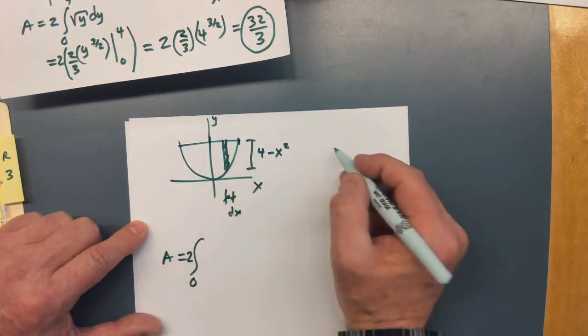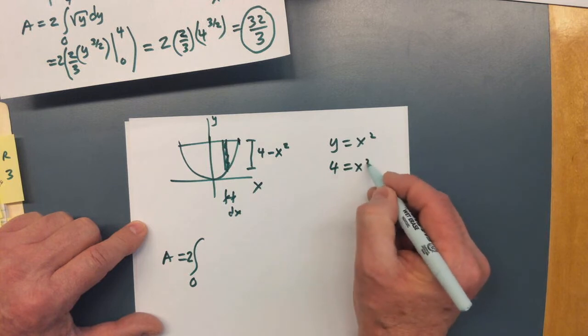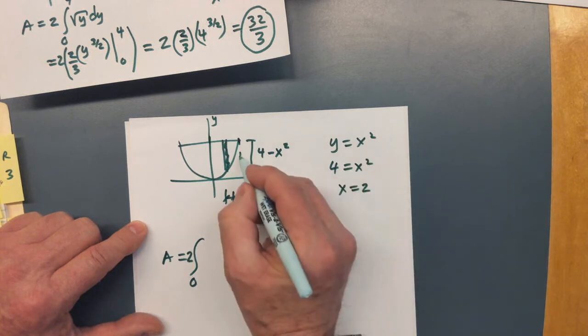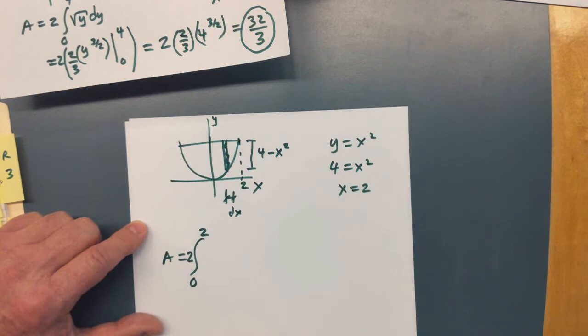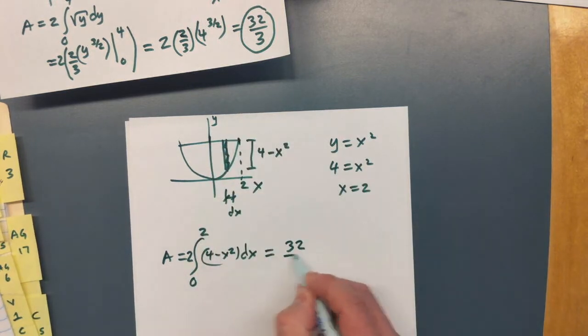When y is 4, we have y equals x squared, so x is 2. So we integrate to 2, and we'd have 4 minus x squared dx. And that will equal 32/3 if you work it out.